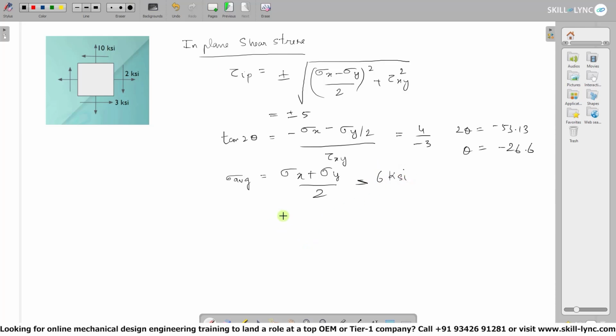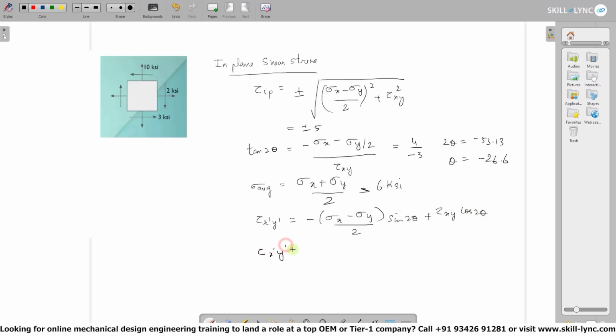So now to figure out the shear stress, if it's positive or negative, we'll substitute the theta value in the original formula. The original formula for tau x dash y dash is equal to minus sigma x minus sigma y divided by 2 sine 2 theta plus tau xy cos 2 theta.